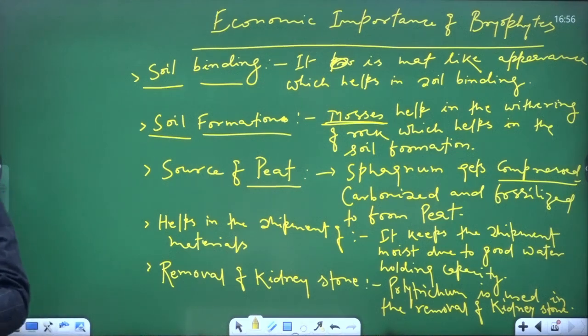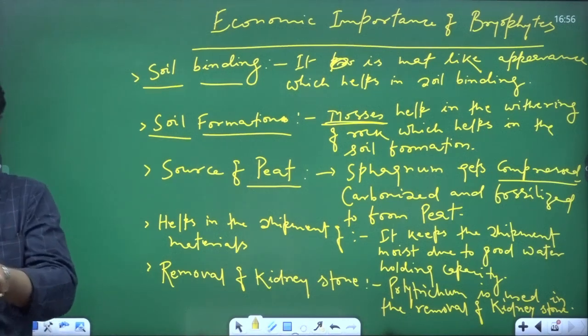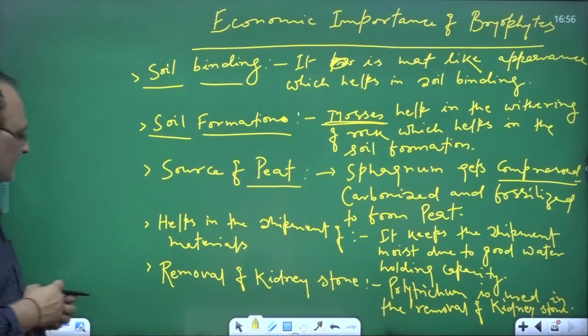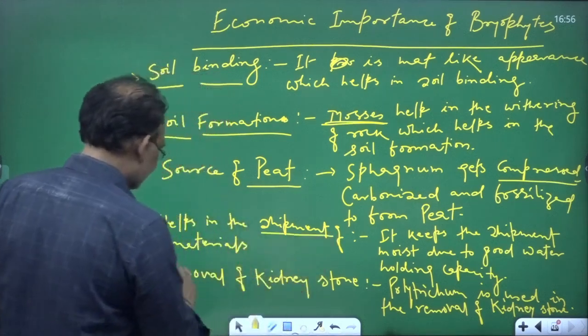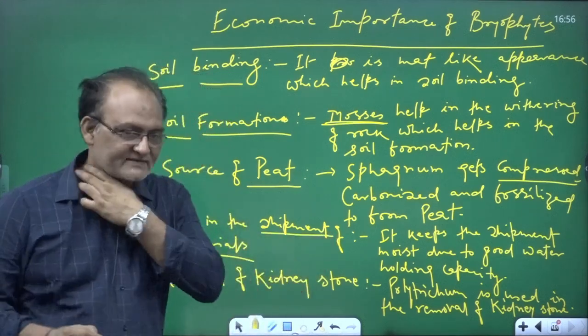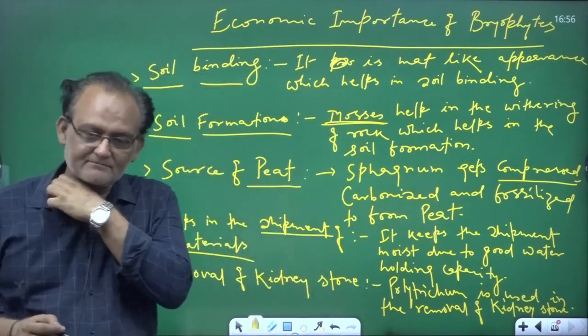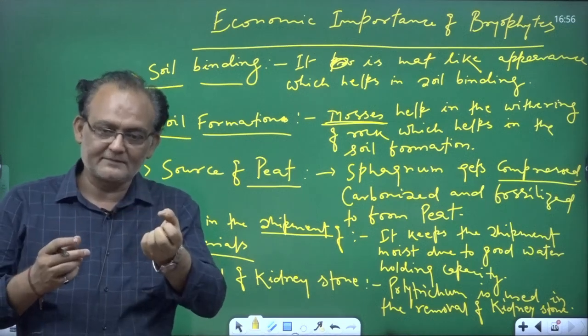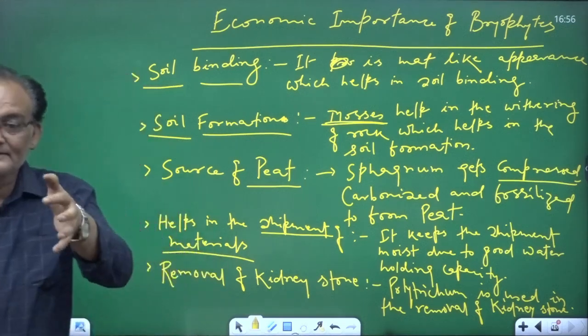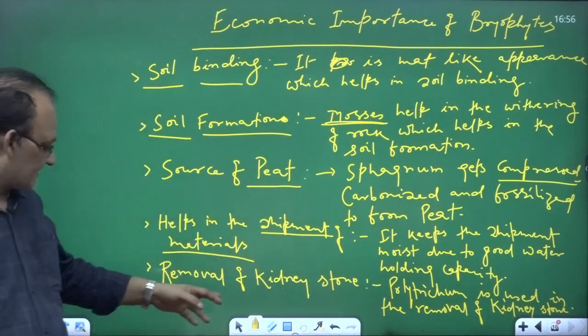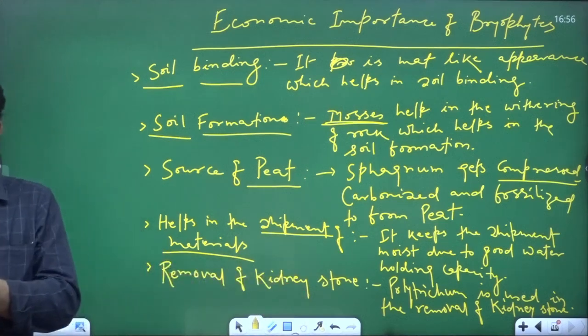Peat you can use for burning, just like coal. Helps in the shipment of material because some mosses like sphagnum have good water holding capacity, they keep the shipment moist. And last is removal of kidney stone.